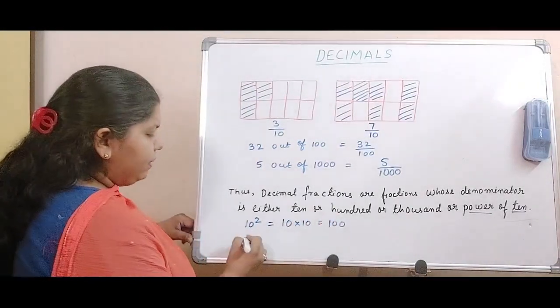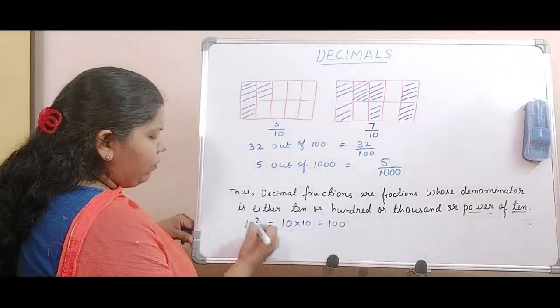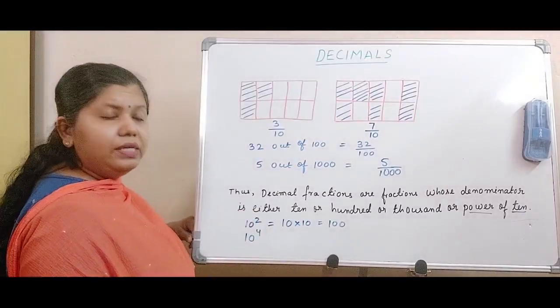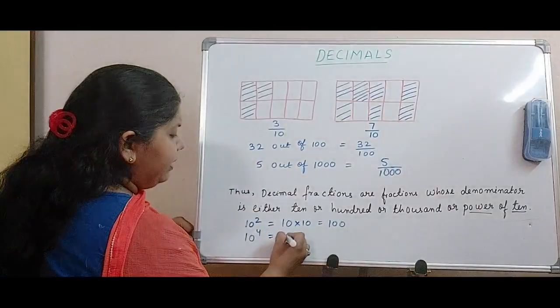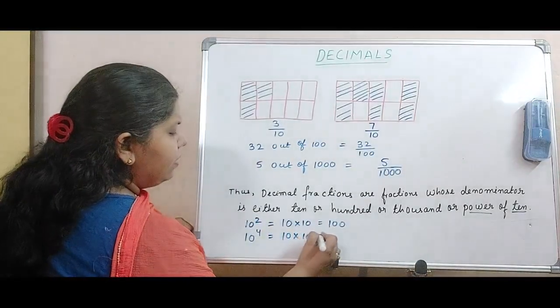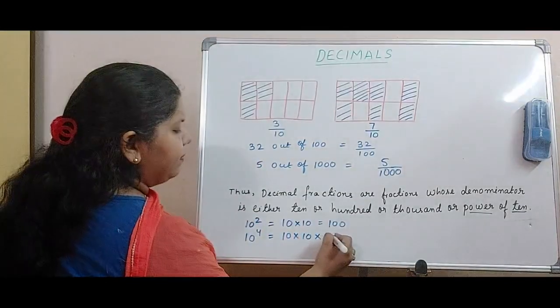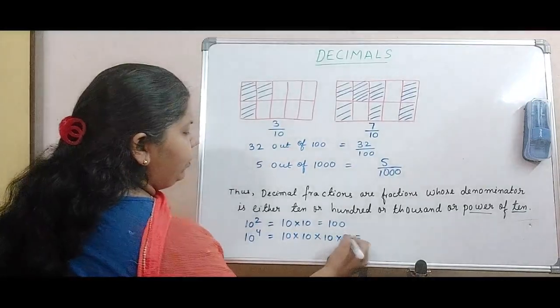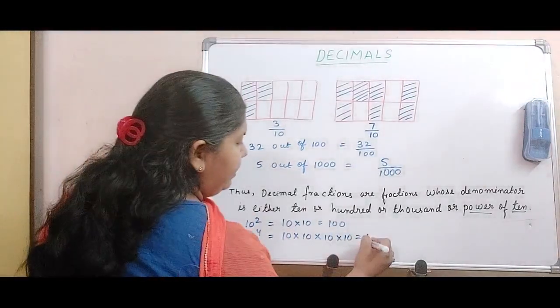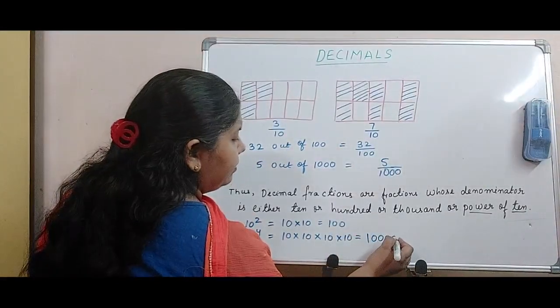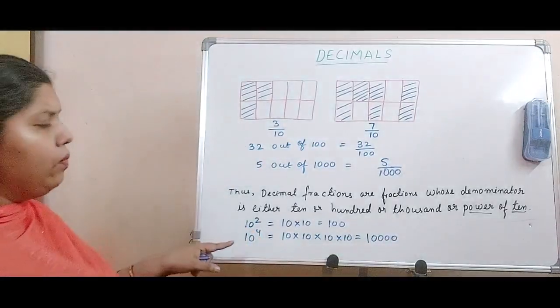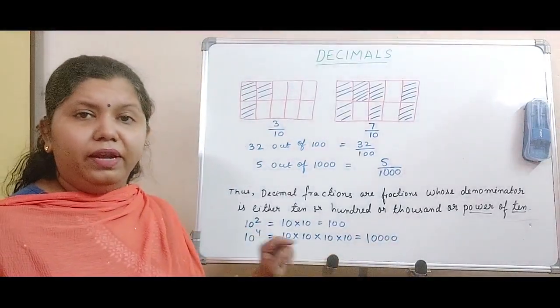If suppose I write 10 to the power 4, what does this mean? 10 is multiplied to itself how many times? 4 times. So what are you going to get here? You are going to get 10,000. So this is what you mean by power of 10.